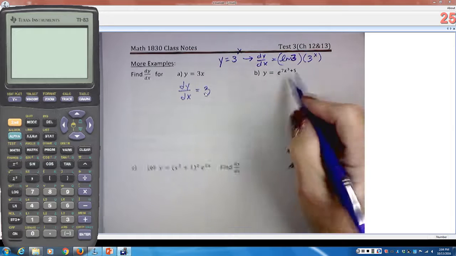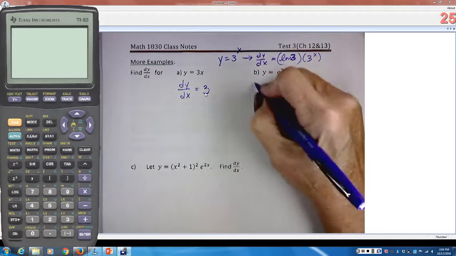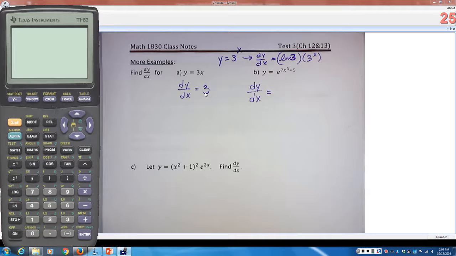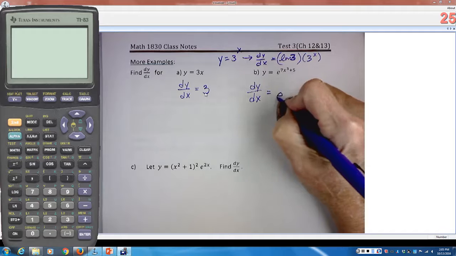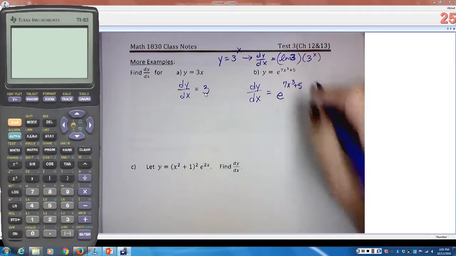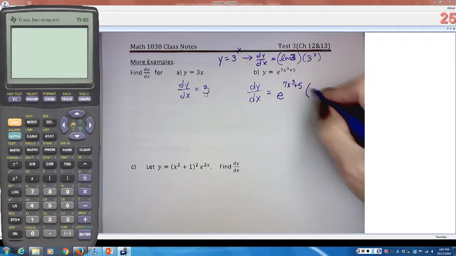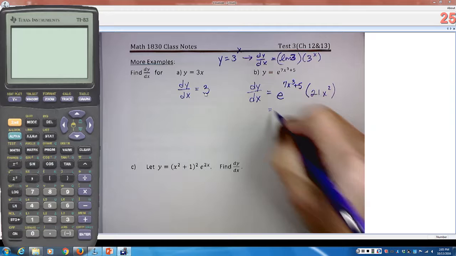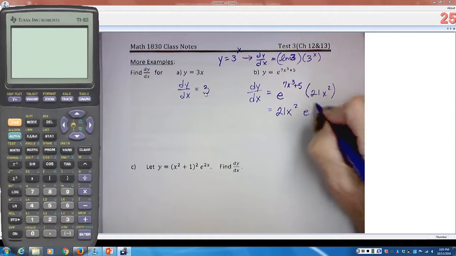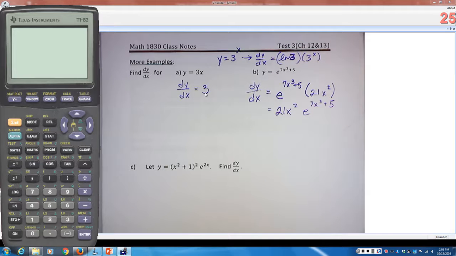This one, you have a power that's a function. dy dx is equal to e to the power's its own derivative, so it's e to that same power. Then you want to multiply it by 3 times 7 is 21x squared. And then a lot of you would rather see that written this way, and that's okay. But either one of those is fine.